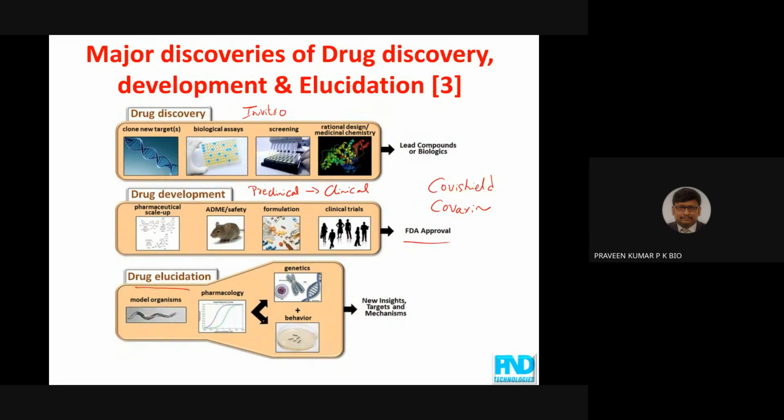Drug illustration, whatever we want to check the effect of drug on small animals or humans. Initially, we can also check with model organisms like Caenorhabditis elegans. Whatever disease we get, that disease we can induce even in worms.